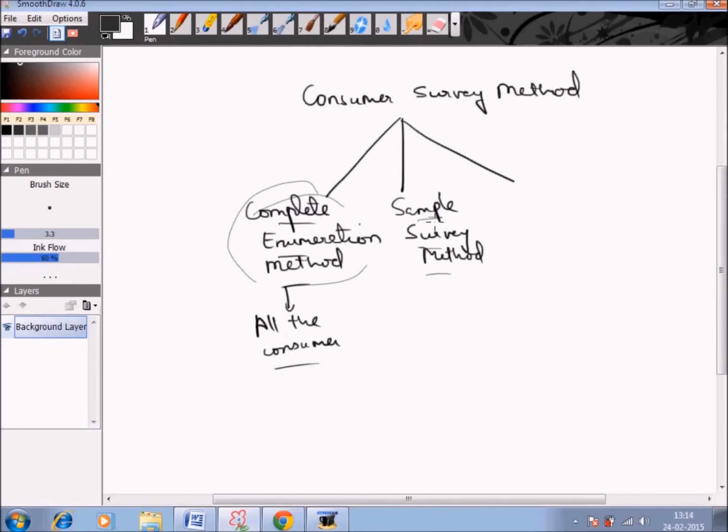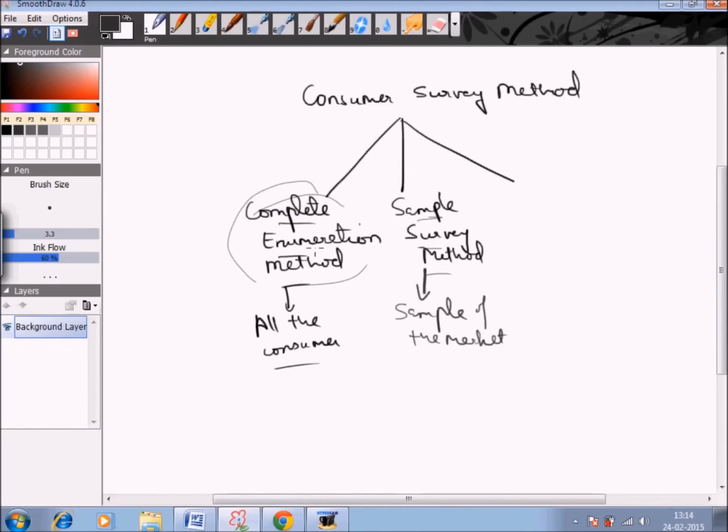Under the sample survey method, only a sample of potential consumers or users is selected for interview. The method of survey can be direct interview or mail questionnaire to the sample consumers. So here only a sample of the market is taken to conduct the interview or the survey.